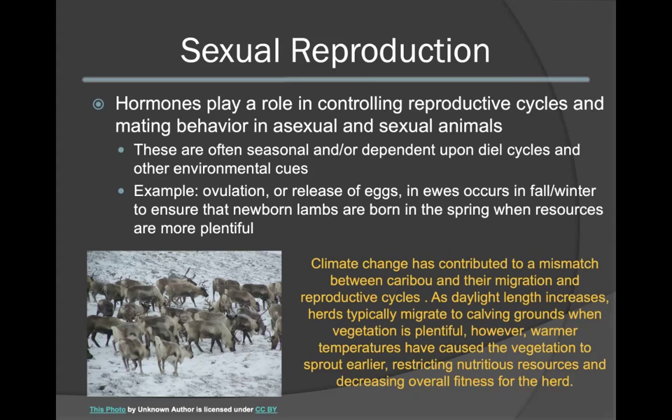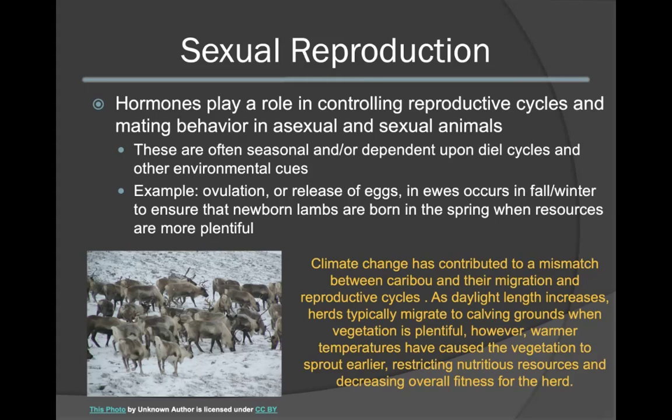Climate change has impacted many populations, particularly the caribou. Climate change has contributed to a mismatch between the caribou and their migration patterns and their reproductive cycles. In their typical life cycle, as the daily length increases, herds will typically migrate to calving grounds where the vegetation is plentiful.